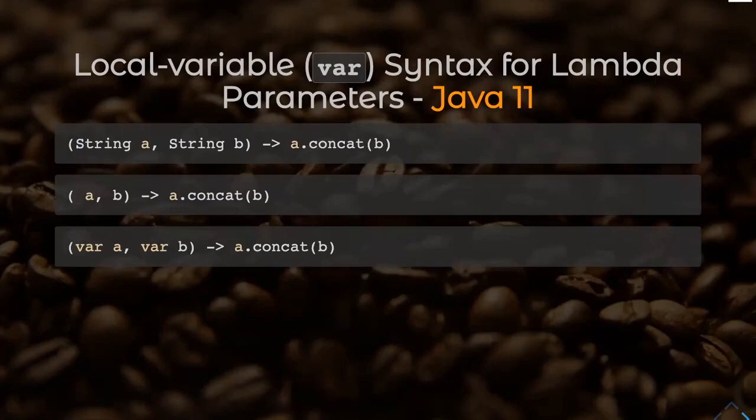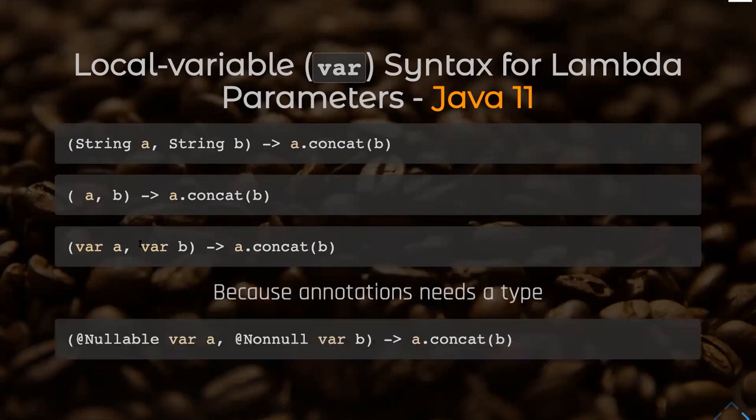But somebody will ask me, hey man, why do we have to have var while I can write a, b like this, the first one, even without any kind of var? Why do I need var? Because sometimes we need annotations, and annotations need a type. And in order to simplify it, we support var inside lambda for annotations.